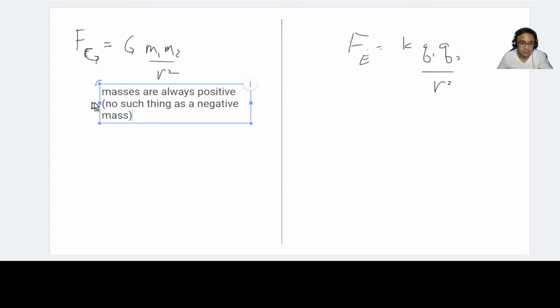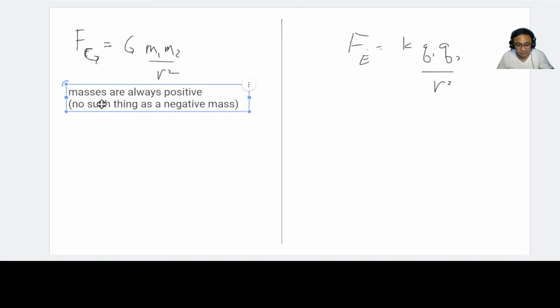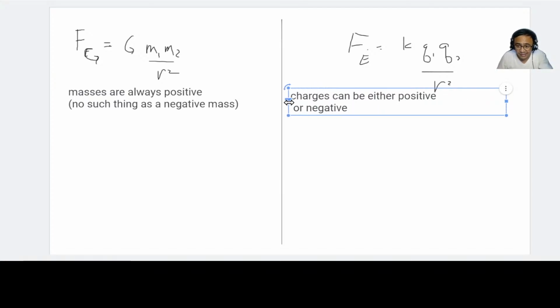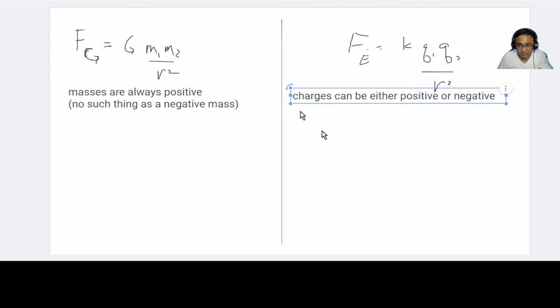Now, that's something that's different between these two because charges can be either positive or negative, right? All right. So let's take a look at this. Now, I'm going to give you a slight correction for the gravity equation.